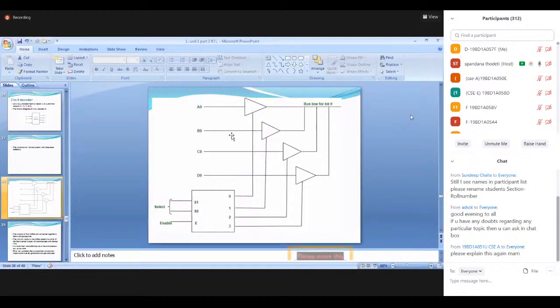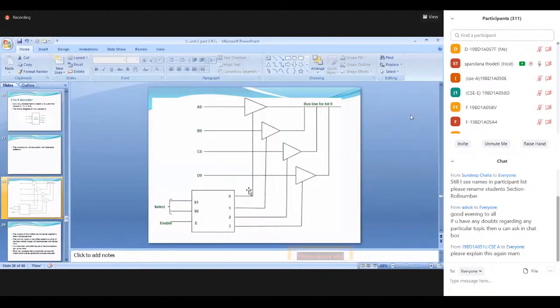Now, as there are 4 registers, we have considered 4 tri-state buffers. We have given the 0th input of all the registers as input. Now, based on the selection lines, one input will be chosen, one value from 0 to 3 from this 2 by 4 decoder.